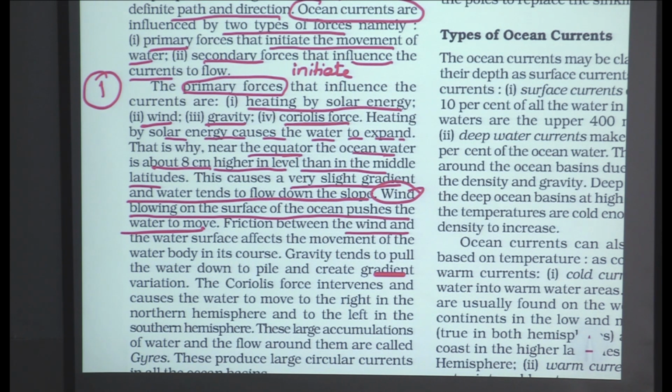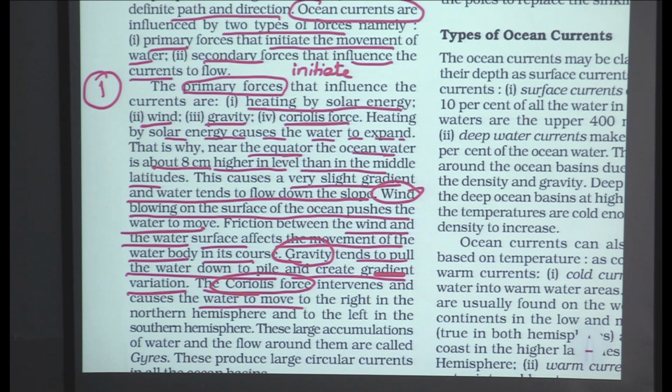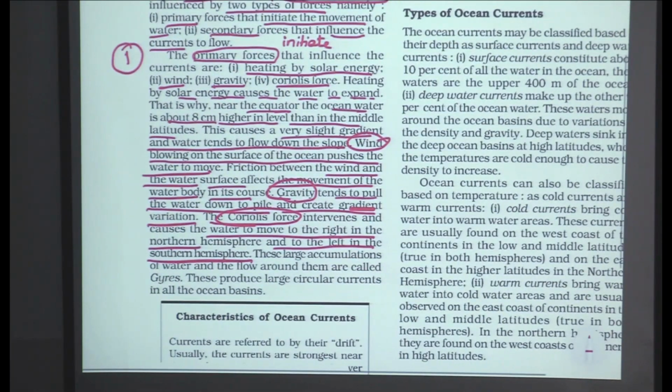The friction between wind and water surface affects the movement of the water body in its course. Gravity, factor number 3, tends to pull water down to pile and create a gradient variation. This gradient variation makes Coriolis force intervene and causes water to move to the right in the northern hemisphere and to the left in the southern hemisphere. And once you take these into account, it develops what is called gyre circulation.